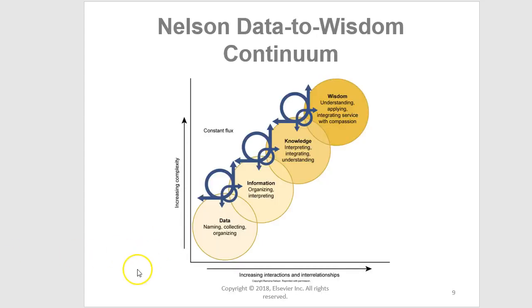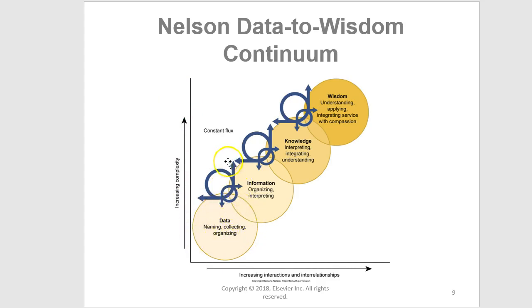So I think this diagram has always sort of helped to illustrate and make sense of how those metastructures work together. Now, Dr. Ramona Nelson, again, has done a lot of work in this area in studying this. And so this is just another example of that idea of data to wisdom being expanded upon again. And she's taken into consideration the increasing interactions and interrelationships that occur along this continuum, as well as how complex things get in situations.